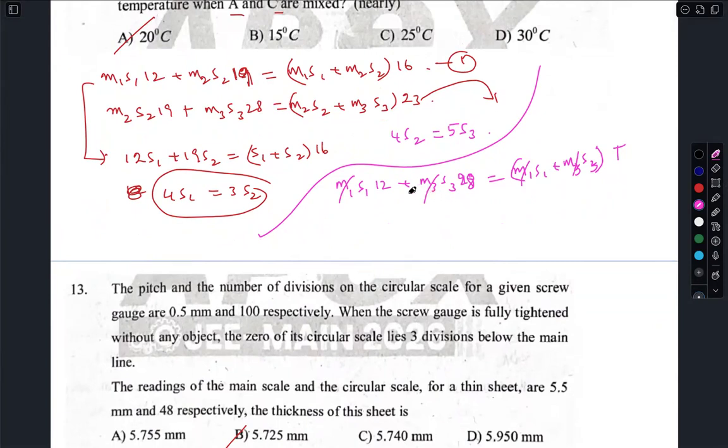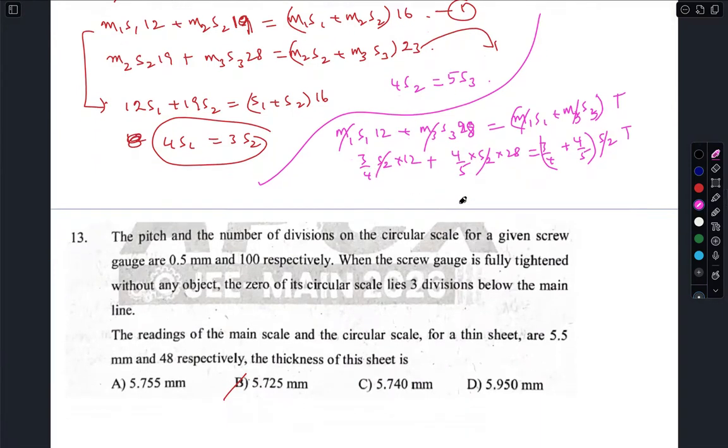S1 can be written as 3/4 S2, times 12, plus S3, which is 4/5 S2, times 28, is equal to the sum of these two, 3/4 plus 4/5 S2, times T. Now S2 is common, you will get rid of that.